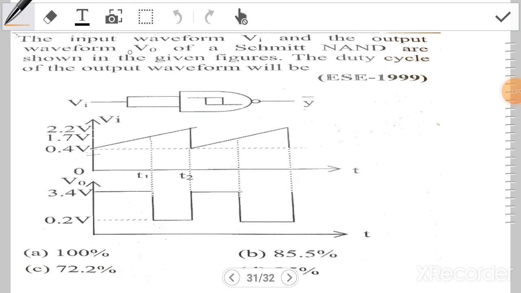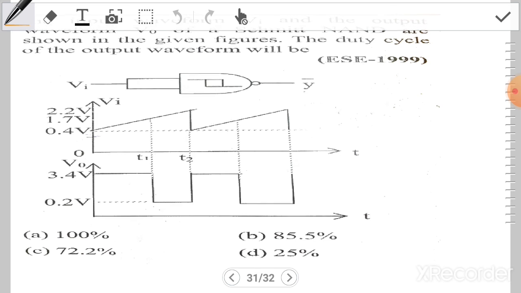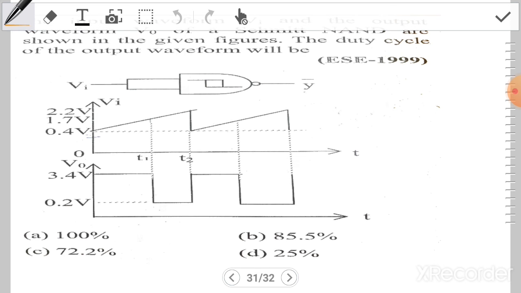Next, the input waveform Vi and the output waveform V0 of a schematic NAND are shown in the given figures. The duty cycle of the output waveform will be. So we have to find the duty cycle.